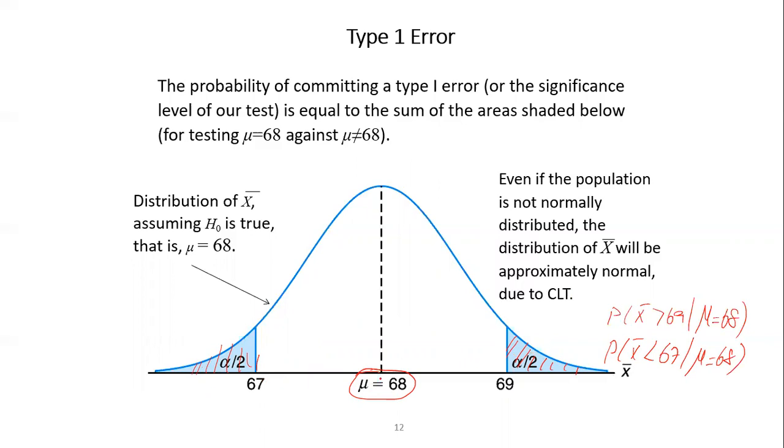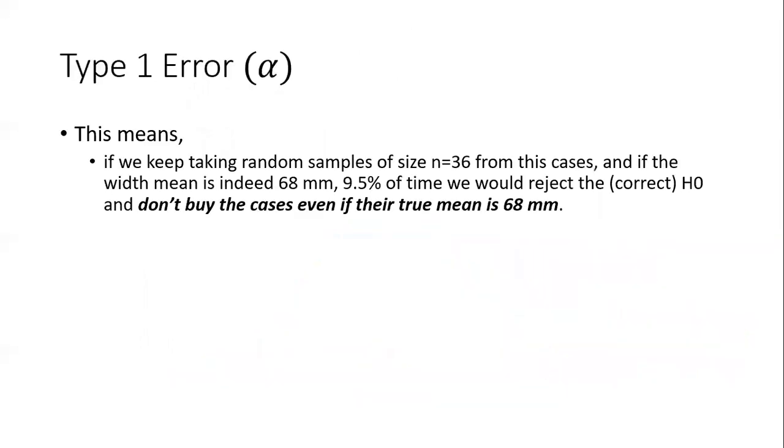So what does it mean? Since this is symmetric, you see this 67, 68, and this is 69. So this is alpha over 2, and this is alpha over 2. Sum of them is equal to alpha, which is the significance level. Okay. So what does this mean?